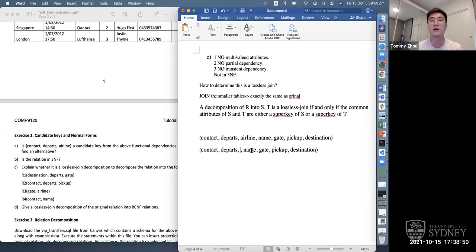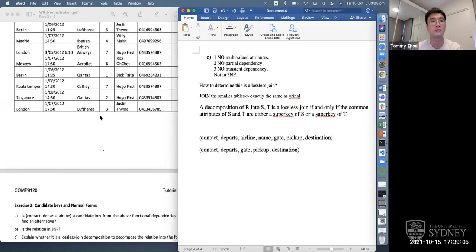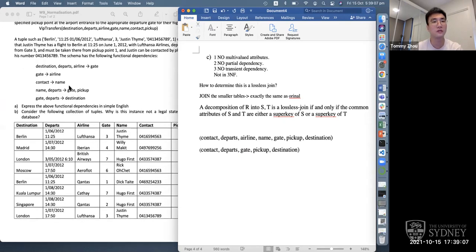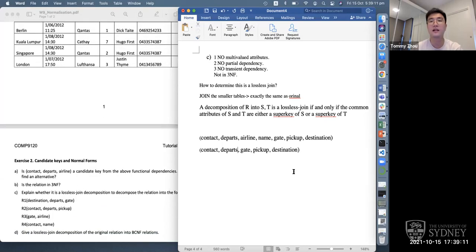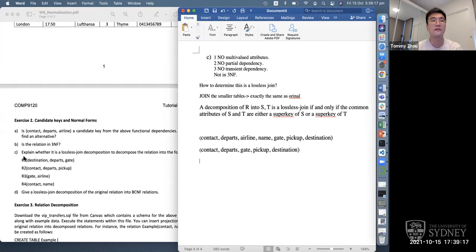So airline can be inferred and name can also be inferred. We delete them from the original table, and the left ones are these 5: contact, departs, gate, pickup, destination. So if R1 and R2 join back, if they can get this combination, that'll be a lossless join, right?